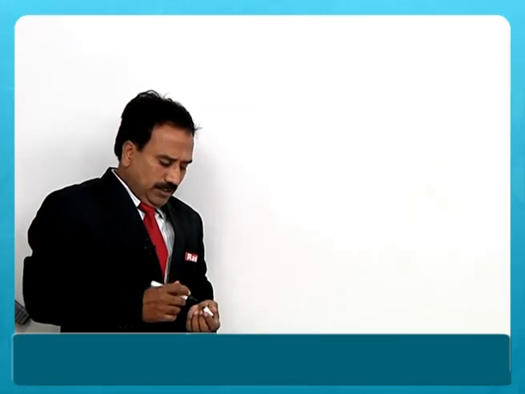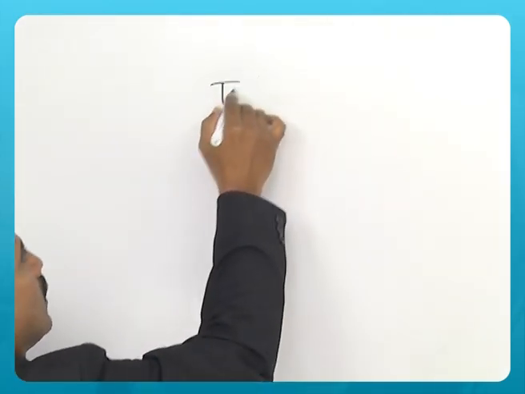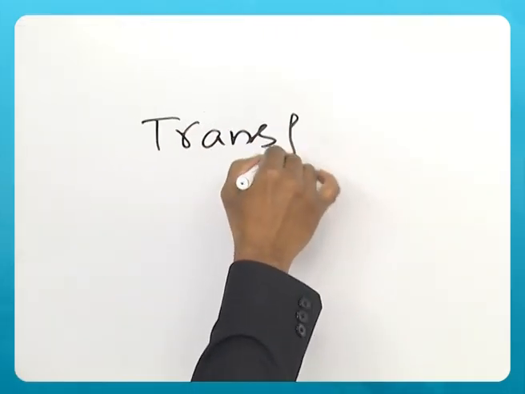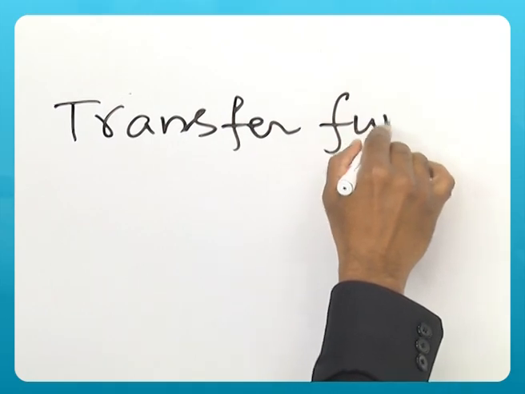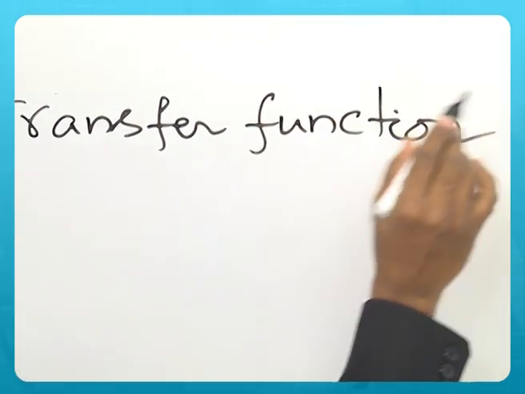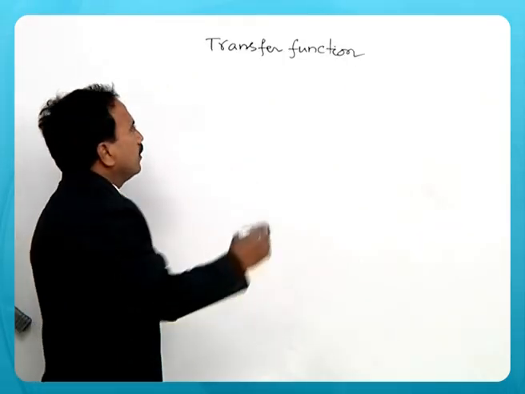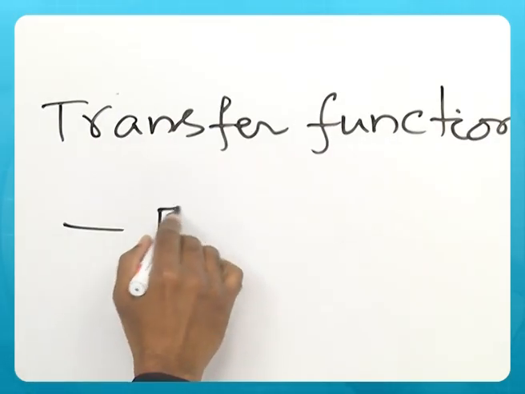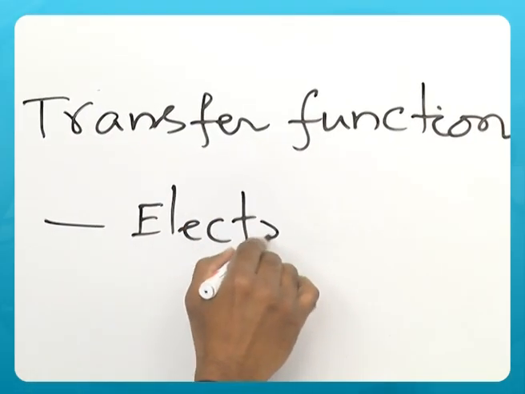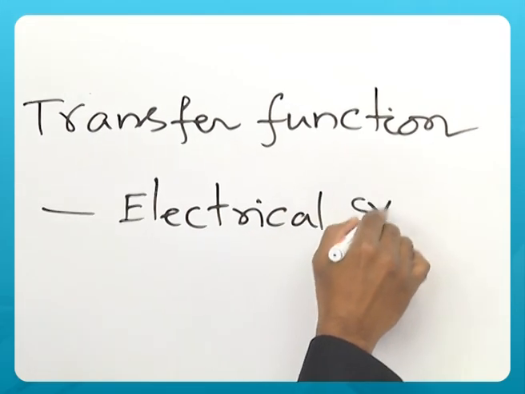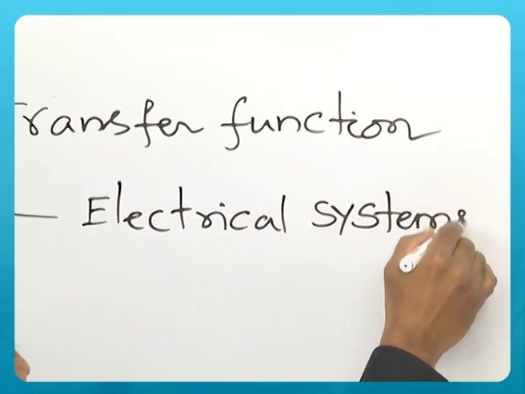What kind of questions arise on transfer function in any competitive exam? Transfer function may be given directly, and otherwise the problems that appear on transfer function are finding the transfer function if a system is given with electrical components.